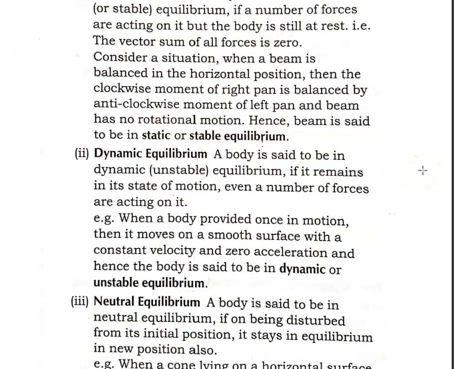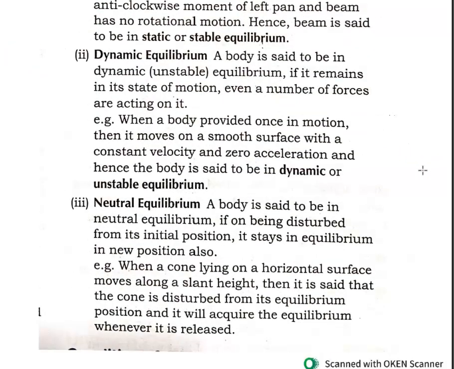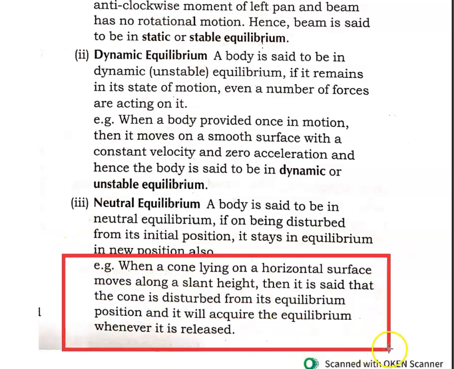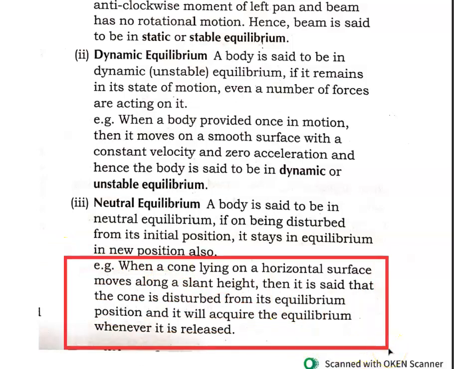The third kind of equilibrium is known as neutral equilibrium. A body is said to be in neutral equilibrium if on being disturbed from its initial position, it stays in equilibrium in the new position also. For example, a cone lying on a horizontal surface moves along the slant height.